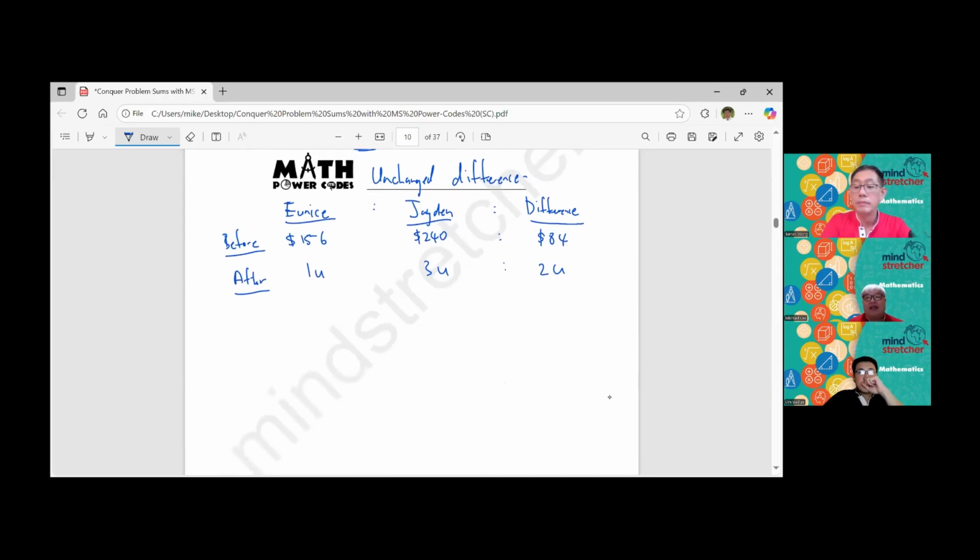From this part, we can see that 2 units is actually equal to $84. That means 1 unit will be 84 divided by 2, that is $42.